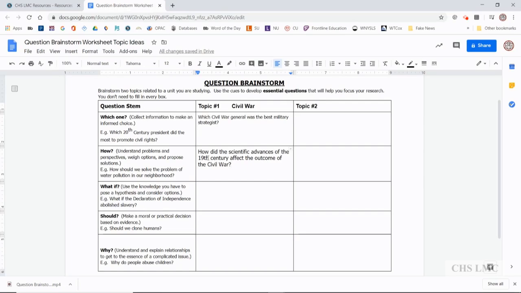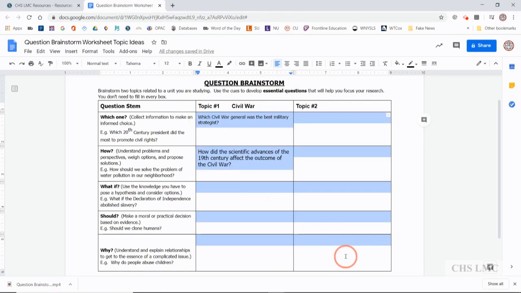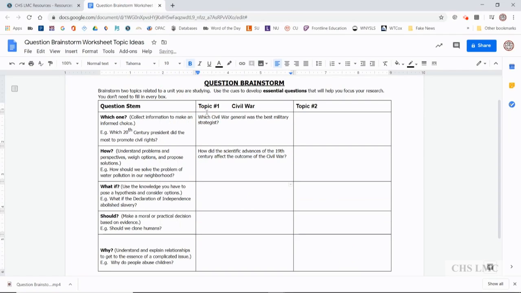We're looking at something like that. Let me edit my sizes here. Okay, this can be something similar to, you might think about advances in communications or weapons during the Civil War.